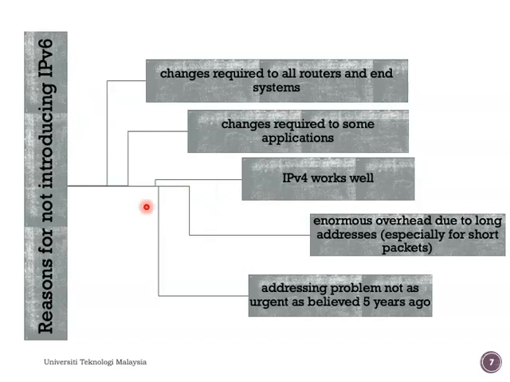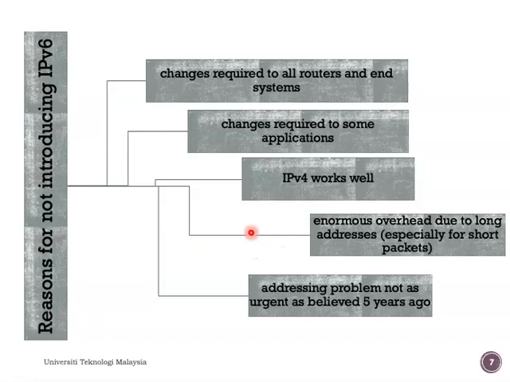You can also find out from Google how many countries have already changed to IPv6 and what percent of users in each country have changed to IPv6. You can Google the information to know. There are certain countries, especially in Europe and also the US, that have changed to IPv6.